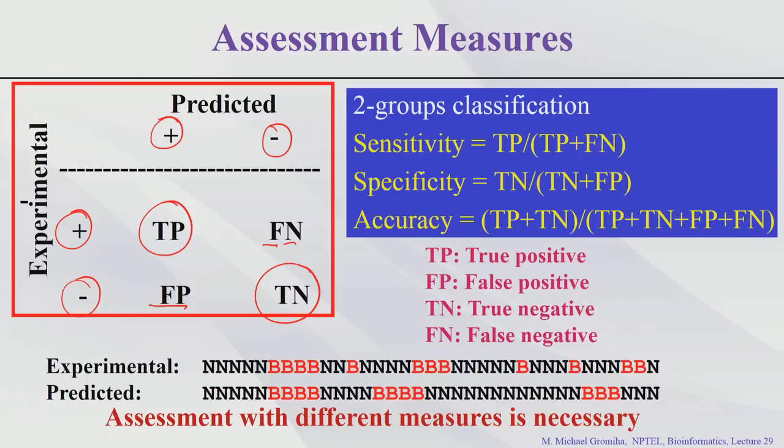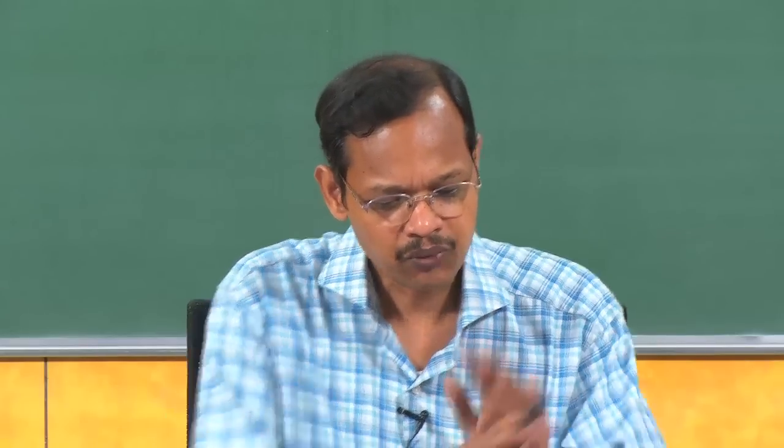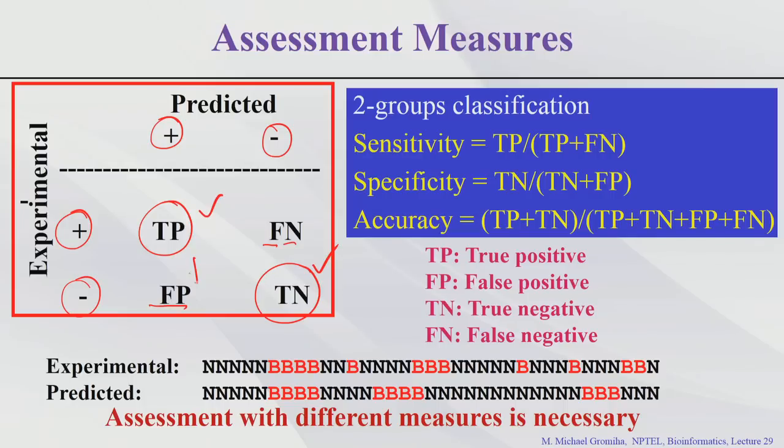So, we can assess the experimental and predicted values in 4 groups: true positives, true negatives, false positives and false negatives. Among the 4, which 2 are the correct ones and which 2 are the wrong ones? These 2 are correct and these 2 are false predictions. Based on these measures we can define different terms called sensitivity, specificity and accuracy.